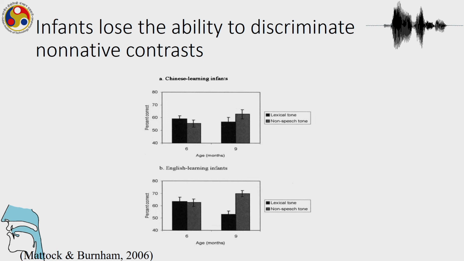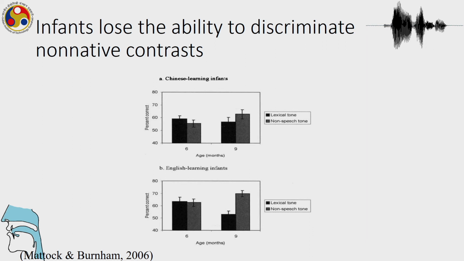The infants were tested on discrimination of lexical tones that had the same difference, that is, they were either rising or falling, etc. Both groups of children, whether growing up in Chinese or English learning environments, could discriminate lexical tones as well as non-speech tones.